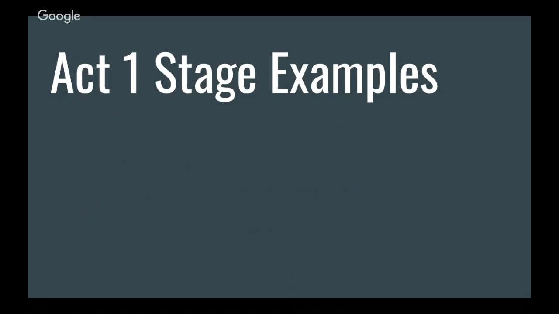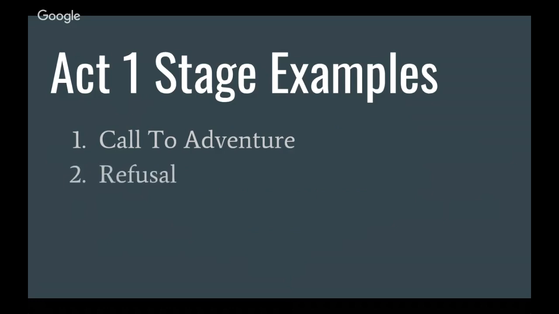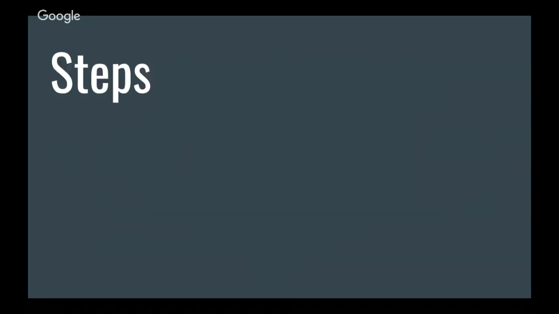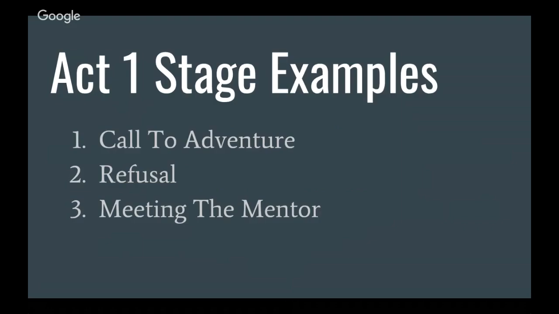So let's take a look at some examples for an Act 1 stage. Okay? In Act 1, you're going to get the call to adventure, the refusal of the call, the hero's going to meet the mentor. Oh, so that's 3 examples. There's a couple others.